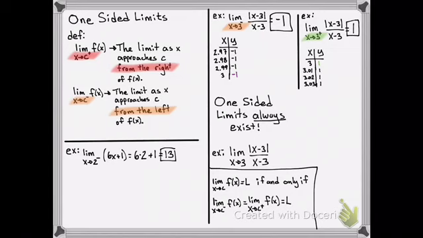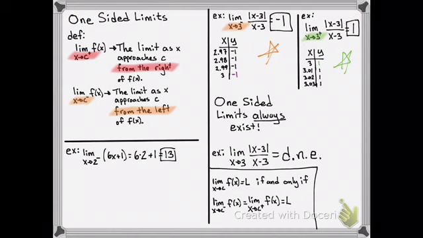So when we're looking at our total problem here on the right side, we see that the limit from the left of 3 is negative 1, and the limit from the right of 3 is positive 1. Since those are not the same value, when we try and do this example of the limit as x approaches 3, that limit does not exist, and we abbreviate that with a simple DNE. And I'm going to put the reason here.